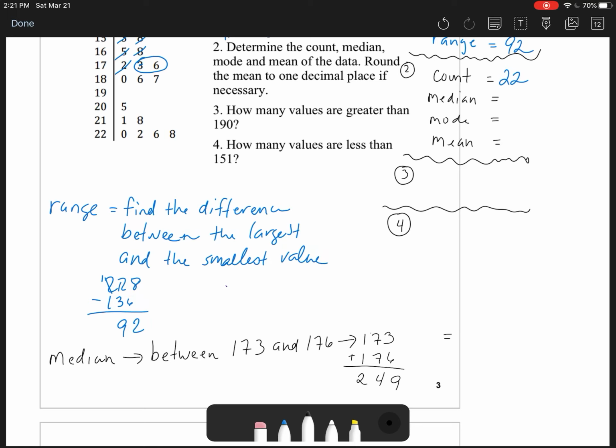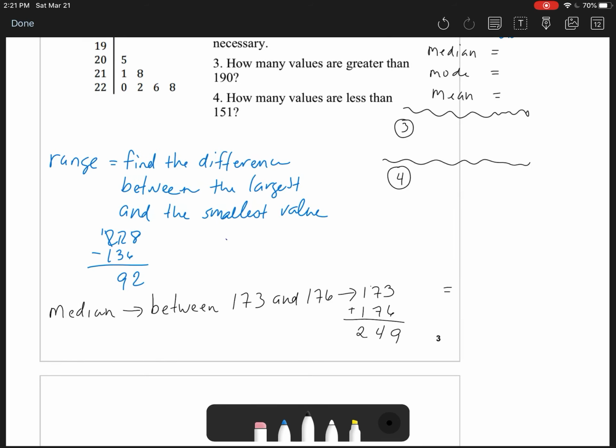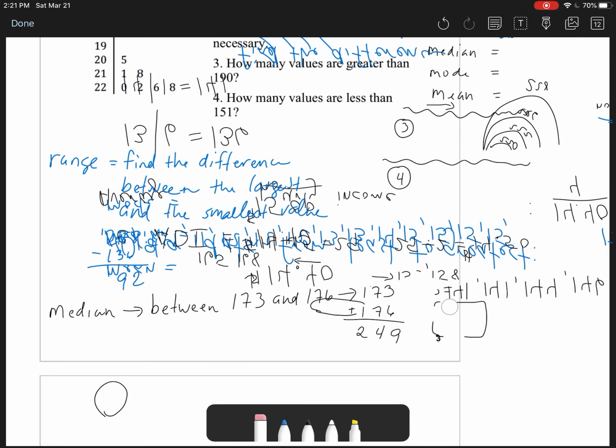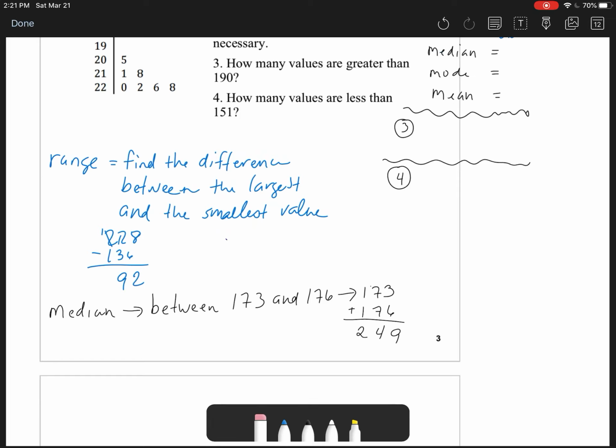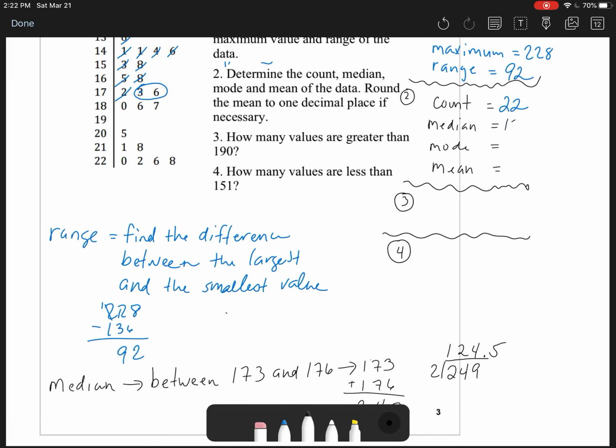Okay. That gives us 349. And we want to divide that by 2. So 349 divided by 2. 174.5. So the median then is 174.5.